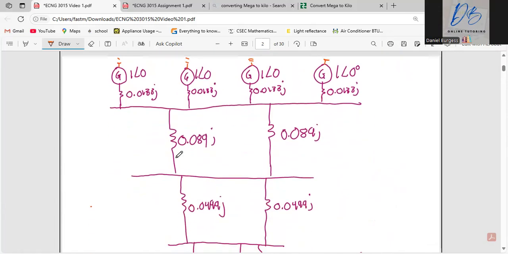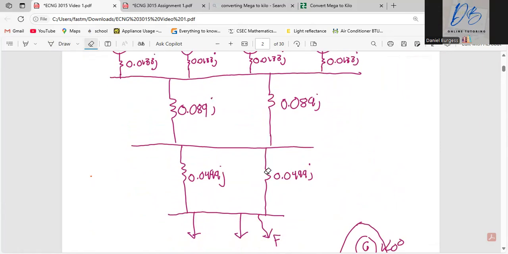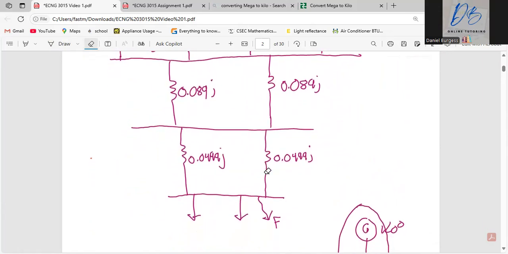So what else could we use? These two impedances here are in series with each other, so you can add them together and create one series impedance. If there had been an impedance in between here, for some reason, these two wouldn't be in series anymore. But because it's not, there are two series lines, so you could just find the equivalent impedance.